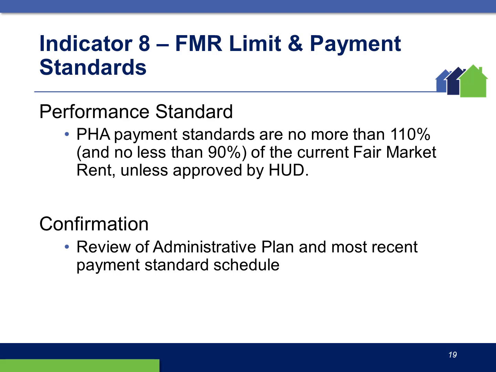Indicator 8 ensures that the PHA uses correct payment standards. HUD is looking to ensure that PHA payment standards are no more than 110% and no less than 90% of the current fair market rent, unless approved by HUD. This is confirmed through a review of the administrative plan and the most recent payment standard schedule.